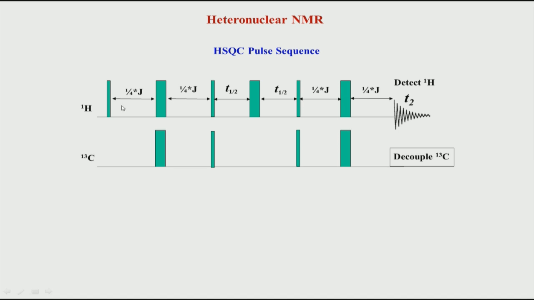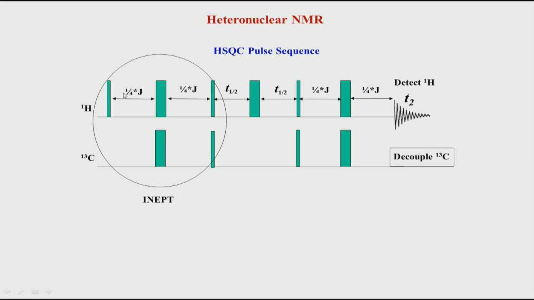So, basically the 2-dimensional HSQC experiment consists of a number of pulses applied like this, with a specific delay period in between. The first part of the sequence, this portion, we call INEPT. INEPT, which we saw in the last class, is a method to enhance the polarization of an insensitive nucleus, which is carbon here, by transferring it from proton.